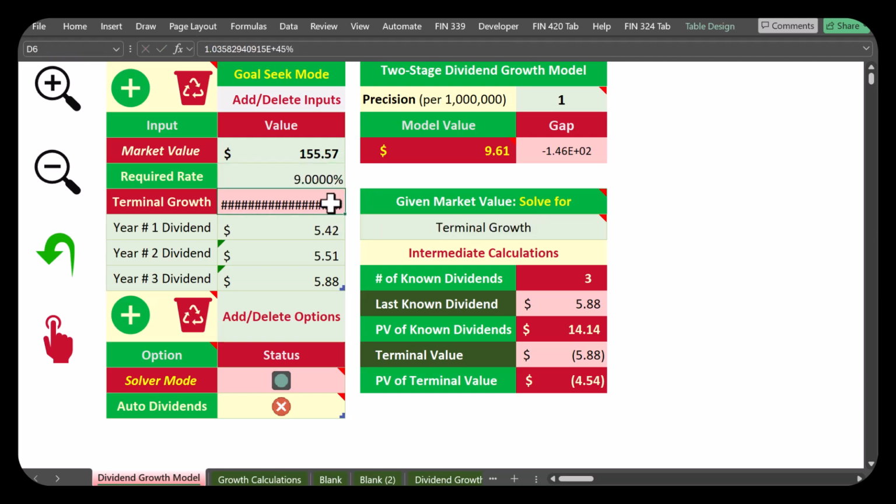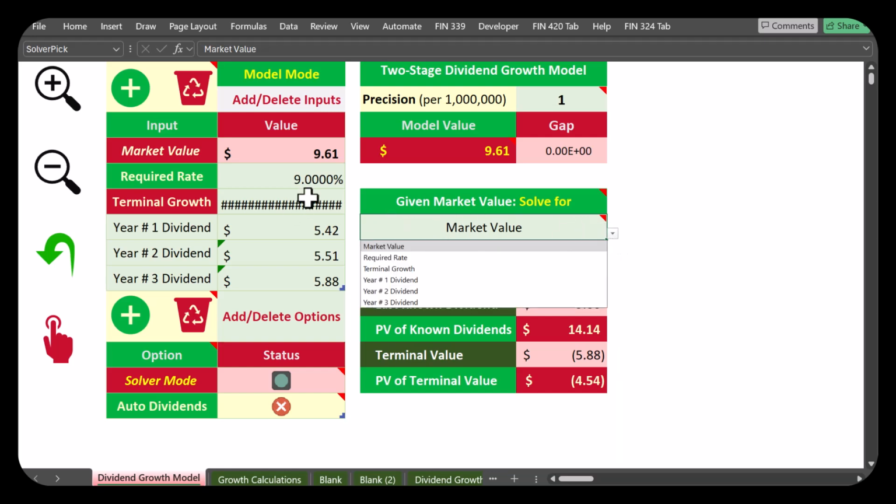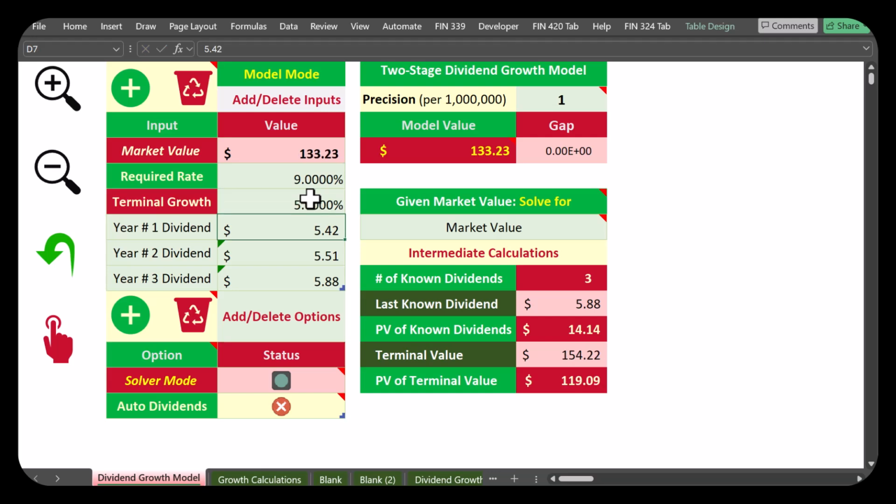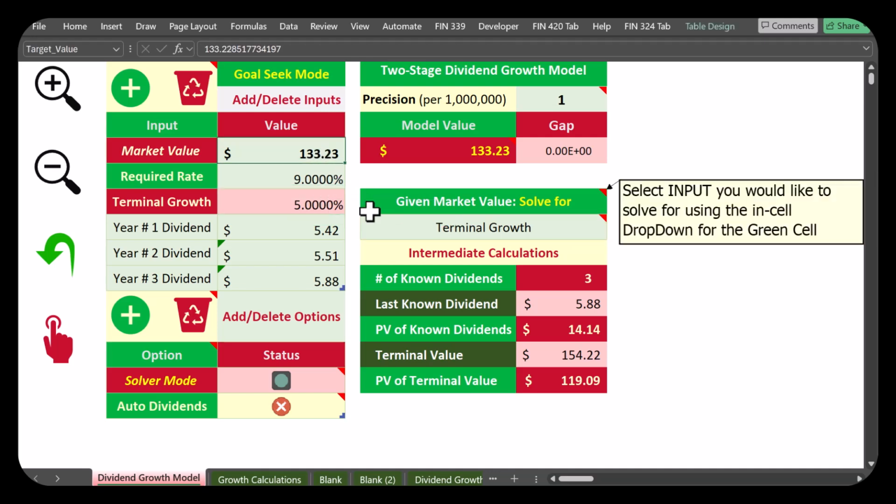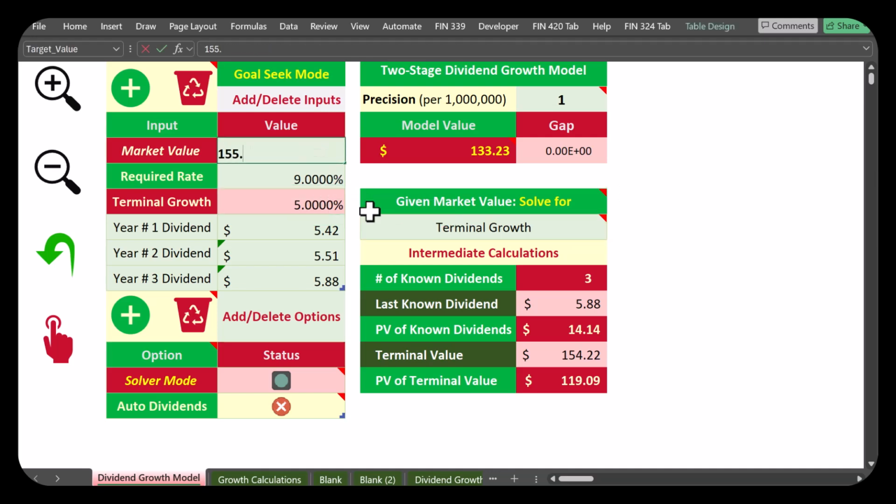I don't know why I'm getting a weird number like this. Yeah, we get something like 5.6%.